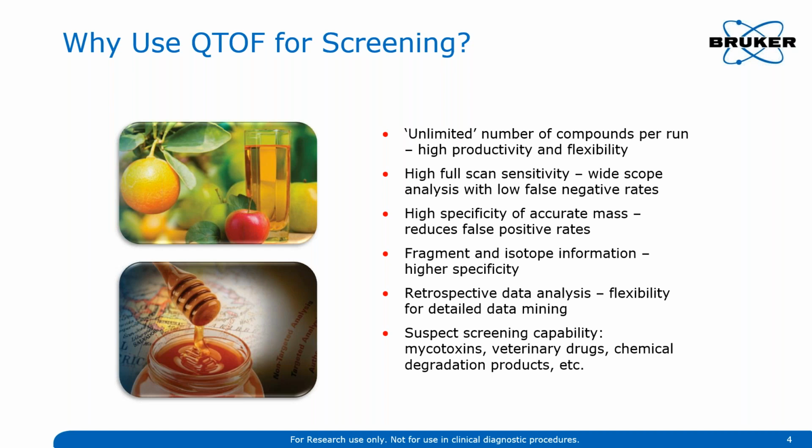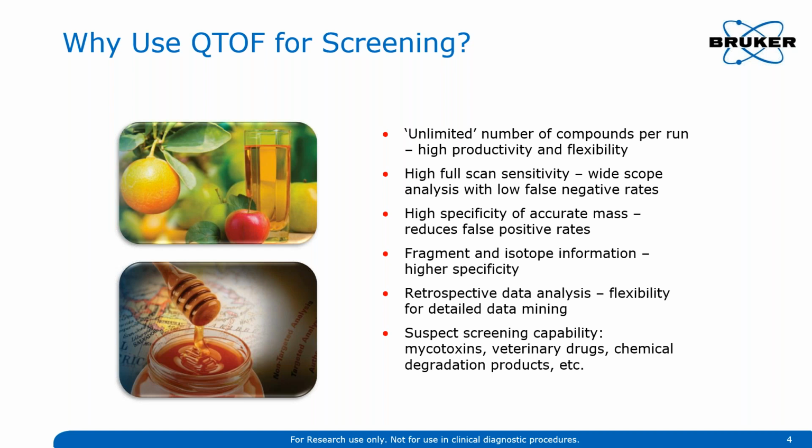Namely, the unlimited number of compounds to run means high productivity and flexibility. High full scan sensitivity means wide scope of analysis with low false negative rates. High specificity of accurate mass means much reduced false positive rates.